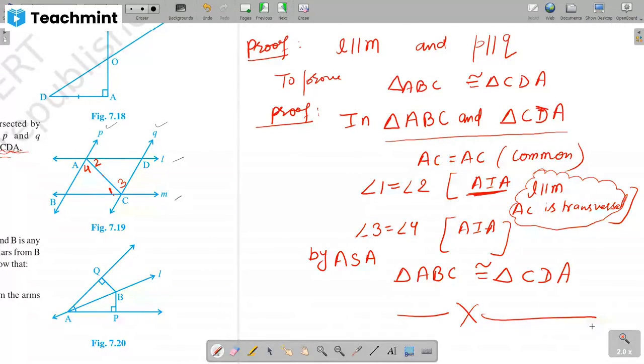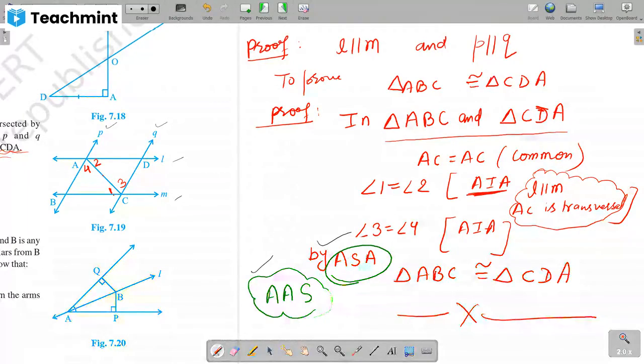So all the questions which can be proved by using the ASA congruency rule can also be proved by using AAS. Now we have two methods, two choices. If you want, use this one or this one. So let's move to the next question.